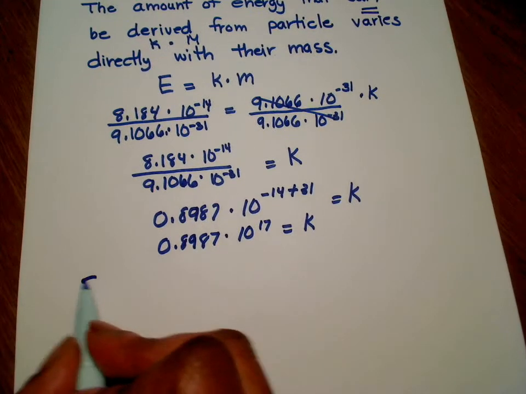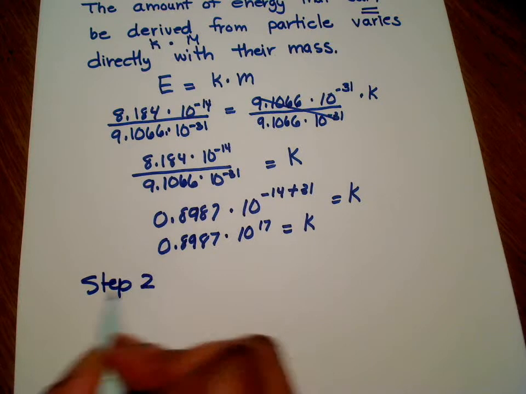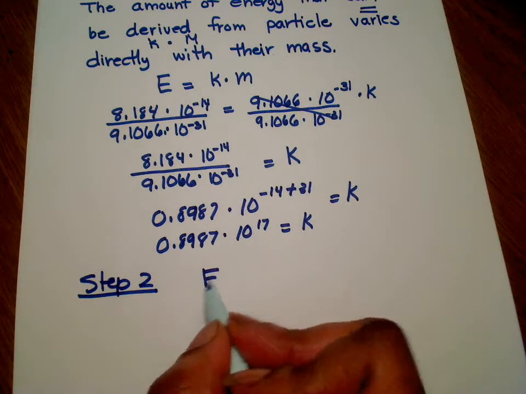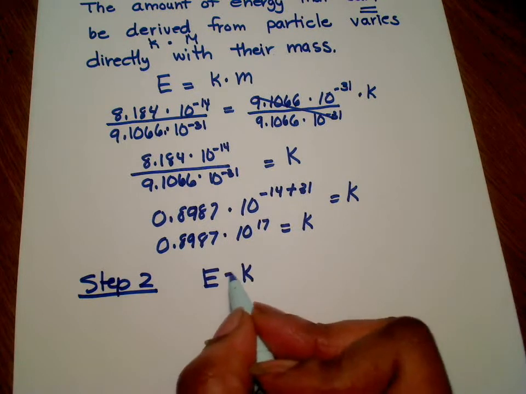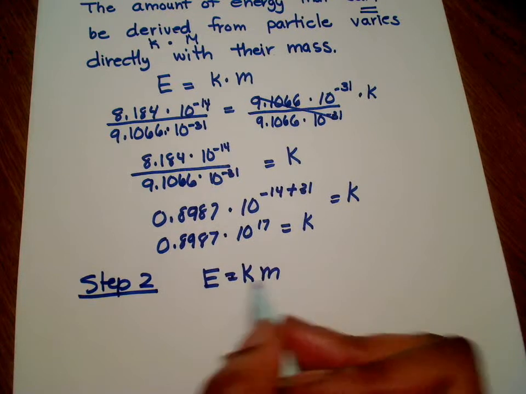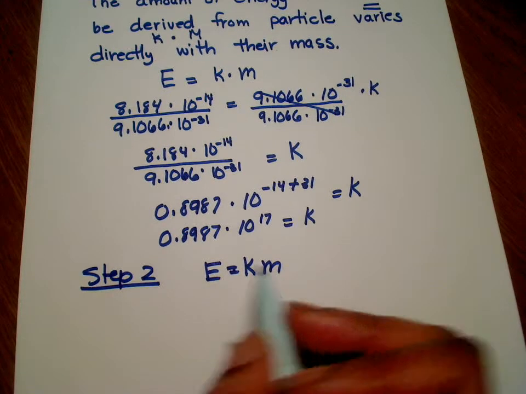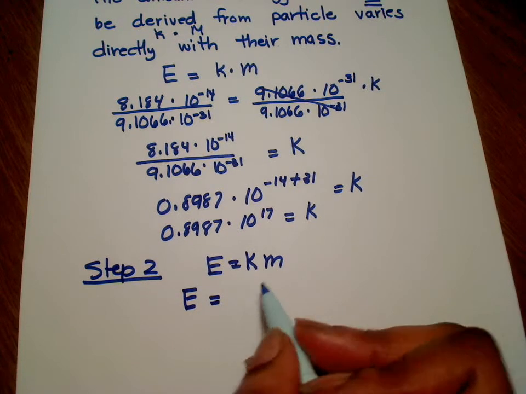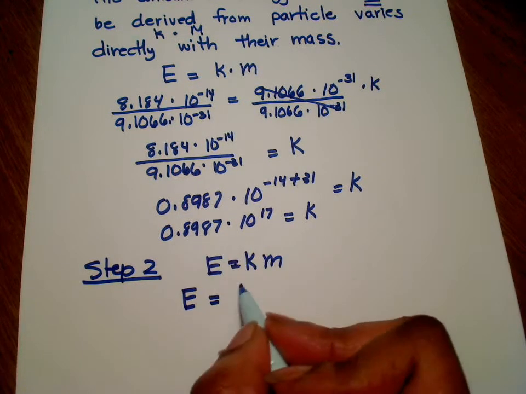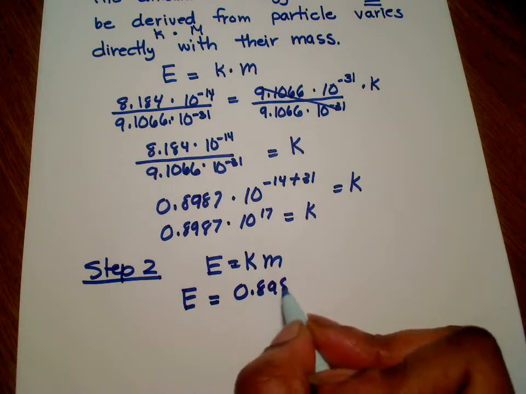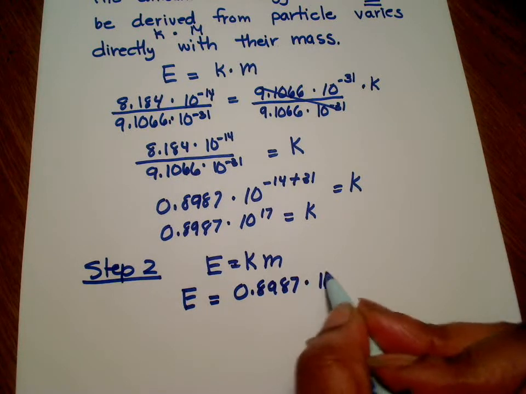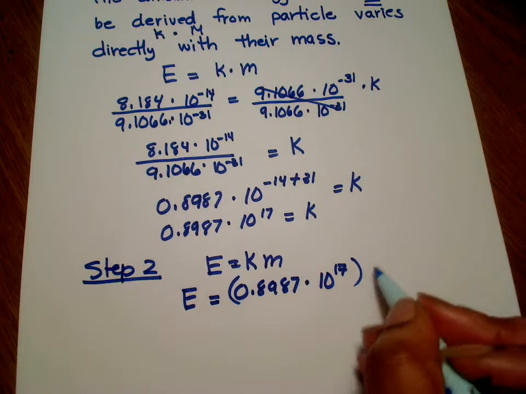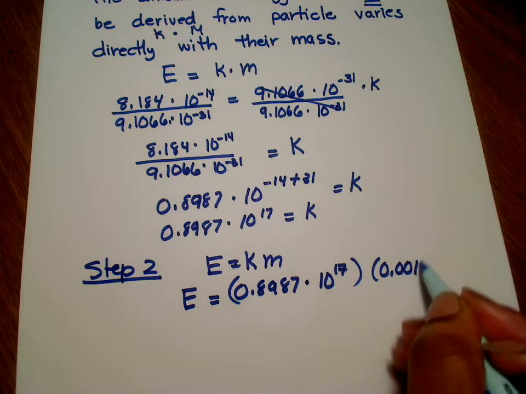Now we've done step 1. Now let's do step 2. Now that we know what K is equal to, we're still going to use that same formula, but this time I'm going to solve for E, which is the energy. I know that K is equal to what we have here, 0.8987 times 10 to the 17th times now the mass, which is 0.001.